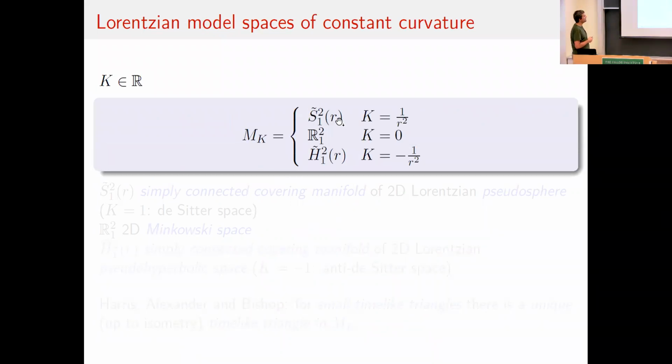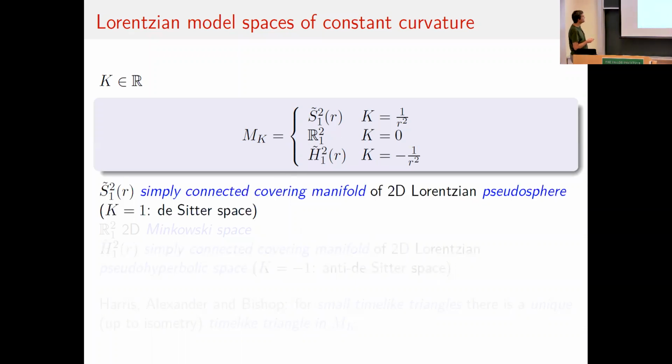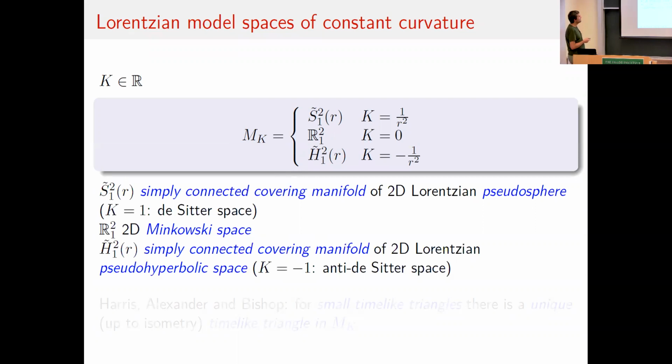And M_K, for K positive, is the simply connected covering manifold of the two-dimensional Lorentzian pseudosphere. If K is 1, this is just de Sitter. Then if K is 0, this is just two-dimensional Minkowski space. And if K is negative, then this is again a simply connected covering of the two-dimensional pseudo-hyperbolic space. And if K is -1, this is anti-de Sitter.